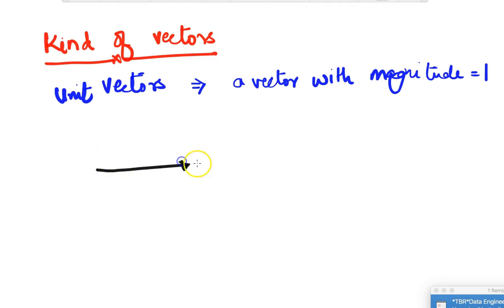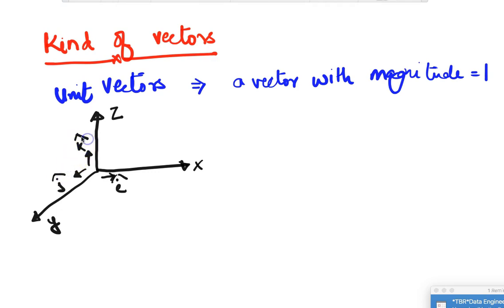So you have X, you have Y, and you have Z. You define a unit vector i hat, a unit vector j hat, and a unit vector k hat. Right?